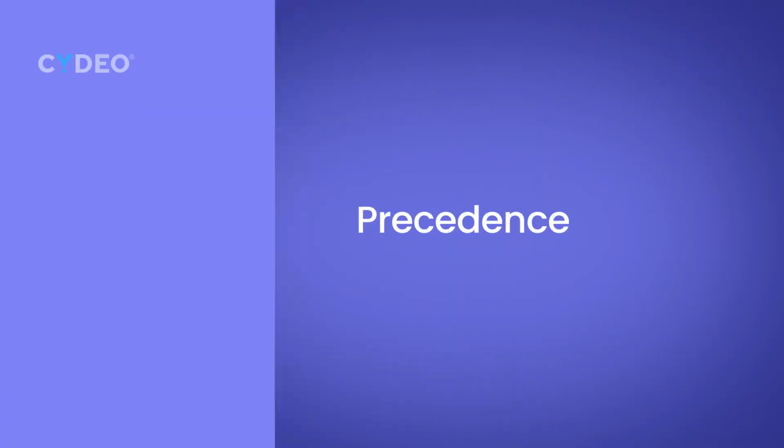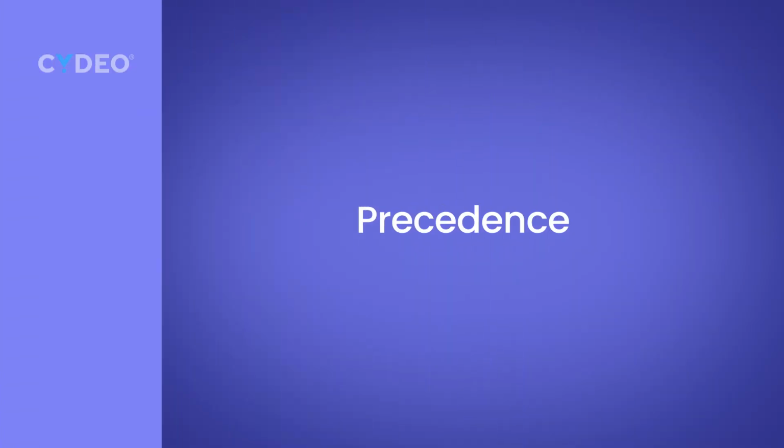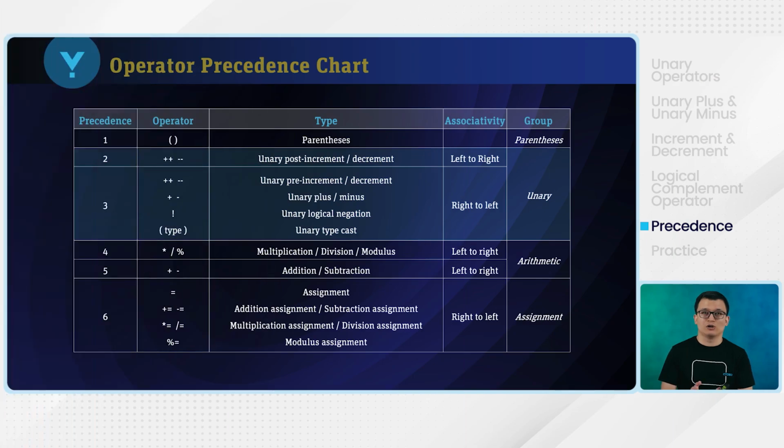And here is the operator precedence of all the operators that we have covered so far from operators part 1 and part 2. At the number 1 spot, we still have the parentheses. At the second level, we have unary post increment and decrements.